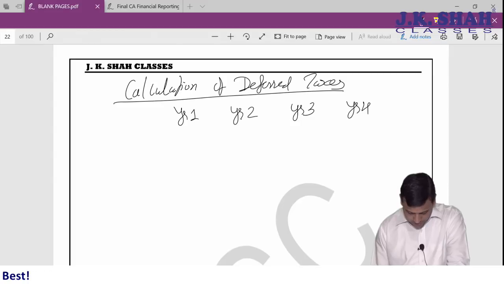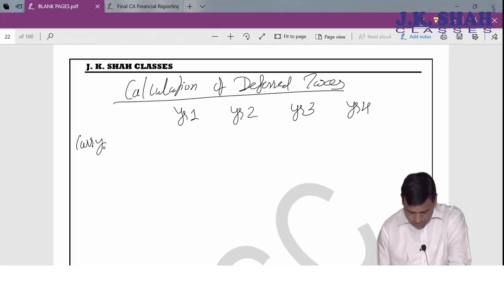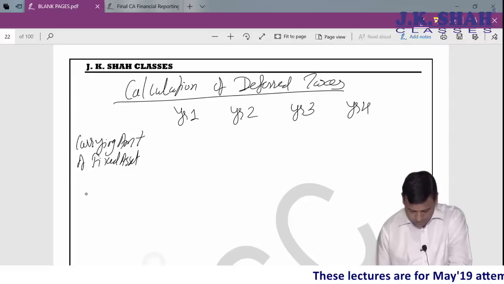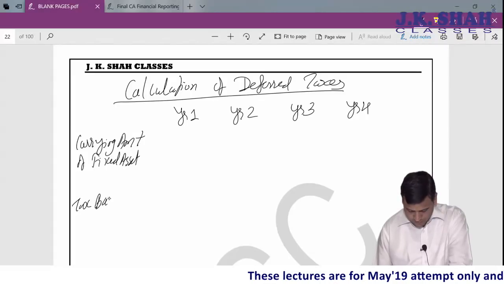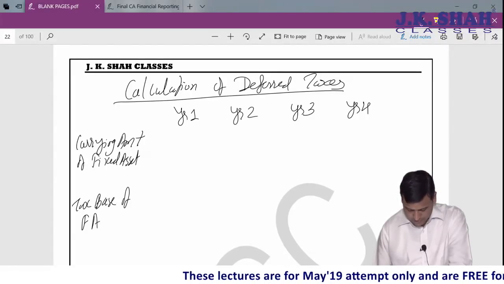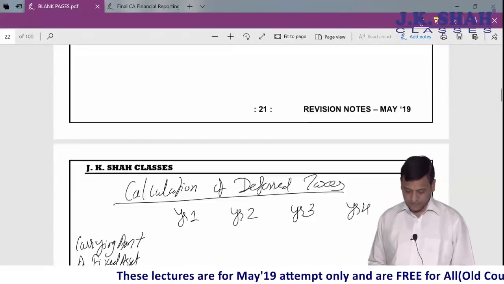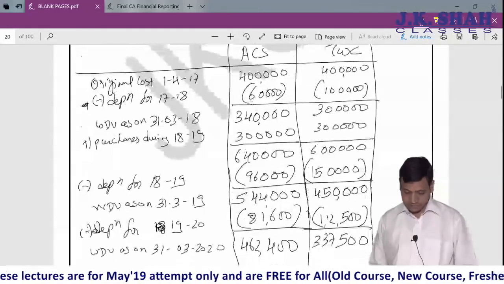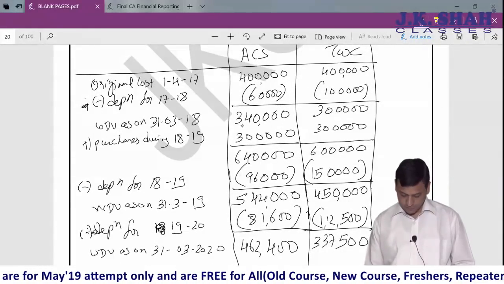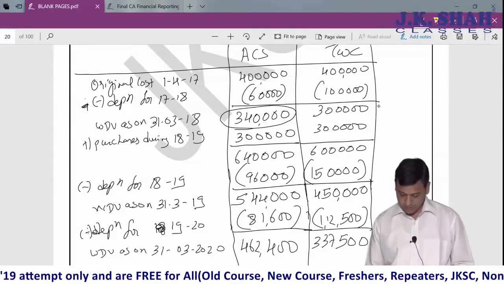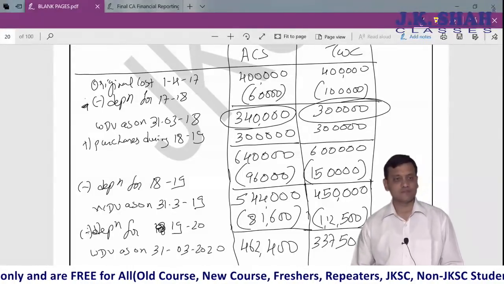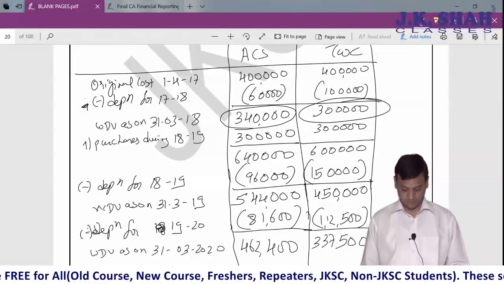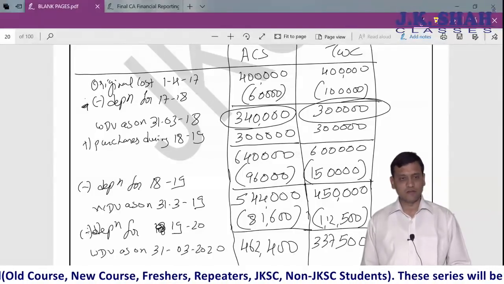Okay, so carrying amount of fixed asset. Tax base of fixed asset. Carrying amount of fixed asset, you can find out this from the table. Can I say the carrying amount of fixed asset is 340 and 3 lakhs is the tax base at the end of the year 1, getting it?